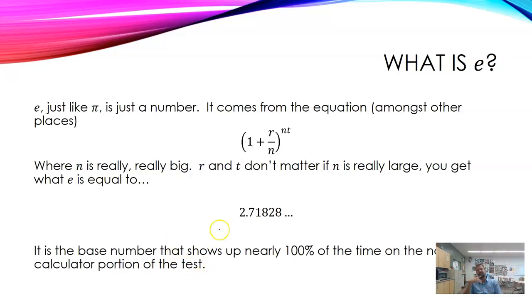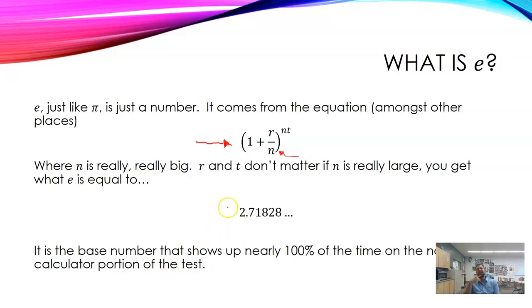And where it comes from is if we took this formula, and you learned about this when you were talking about things that compound, interest that compounds when you invest it, that kind of thing. When we have this formula right here and we make the number n really, really, really large, like I'm talking massively huge, millions, trillions, it wouldn't matter what the other letters are when we plug those things in.